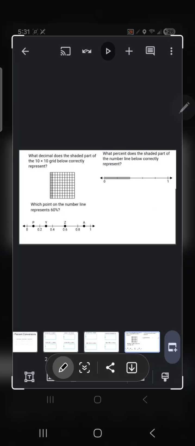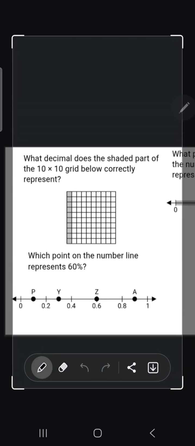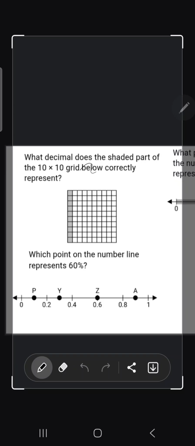Now the last part of this lesson is using number lines, number grids, and number blocks to take a look at the difference between a fraction, a decimal, and a percent. So for the first grid, there's 100 blocks, and each column is 10. So here I have 10 shaded blocks out of a total of 100. If I reduce that fraction by dividing by 10, that would be 1/10.